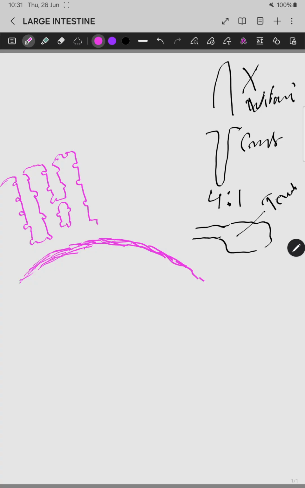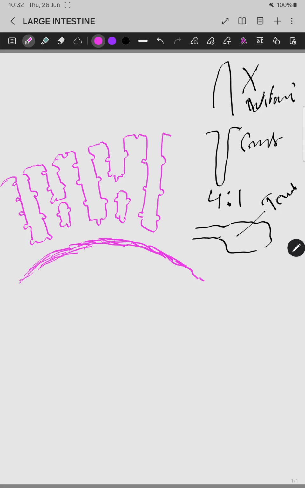Another crypt. Just like this we can draw many crypts as you like.